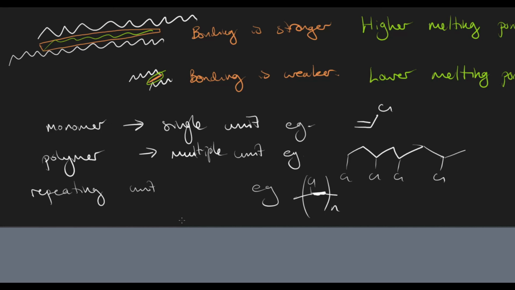Beyond that, it's simply working out where the molecule starts to repeat, splitting that out, and either converting it into the monomer or into the repeating unit.